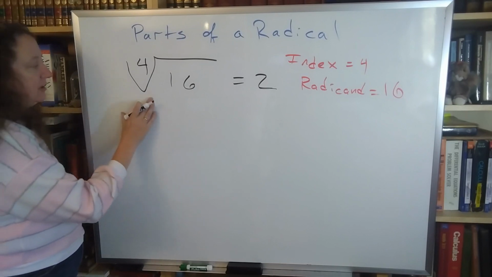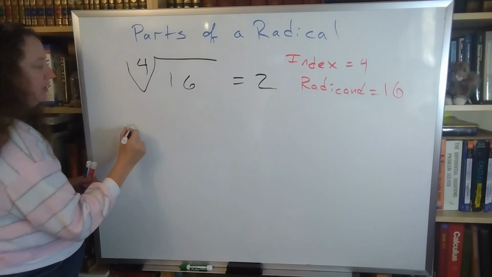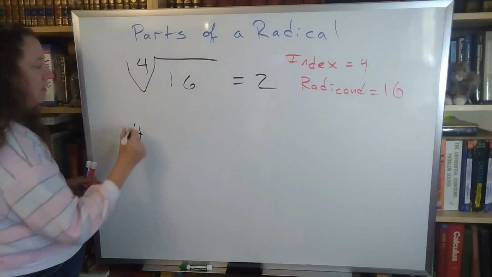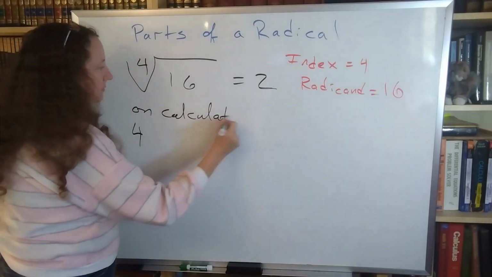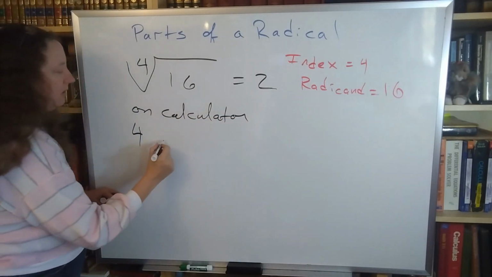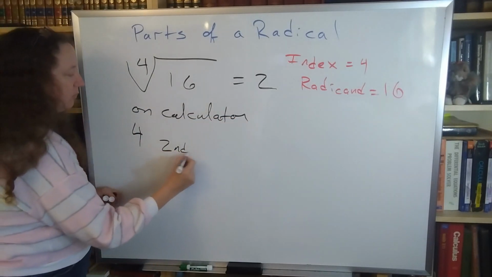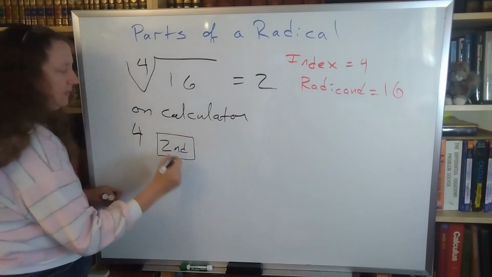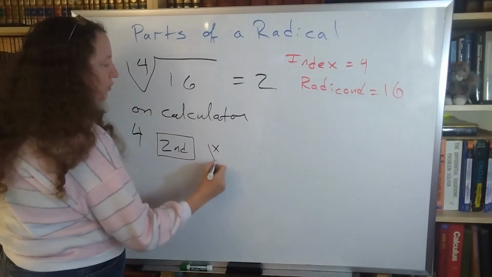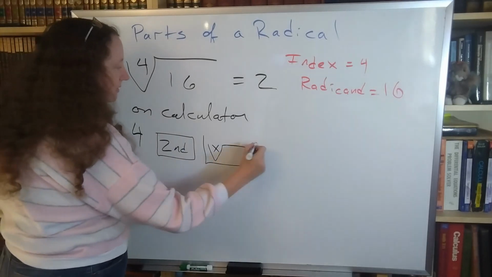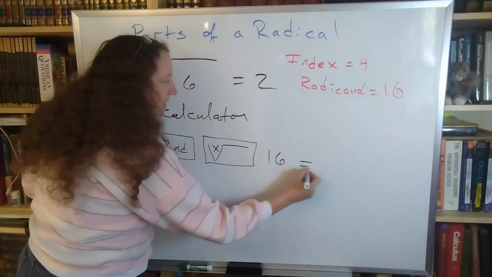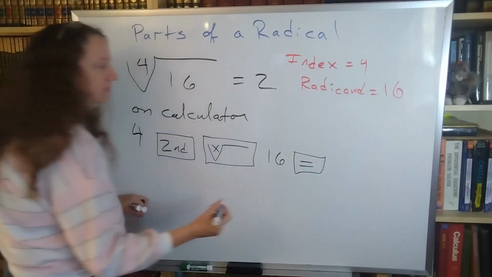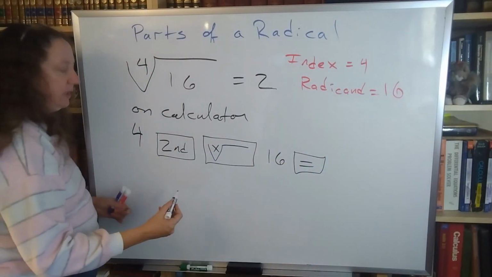So on a calculator, most calculators, you would type this as 4. Then you type your second button, or your shift button, and then you type your X root button. And then you type 16 and equals. And it will give you 2.